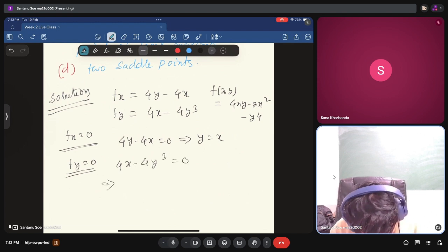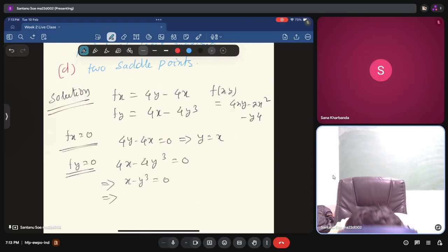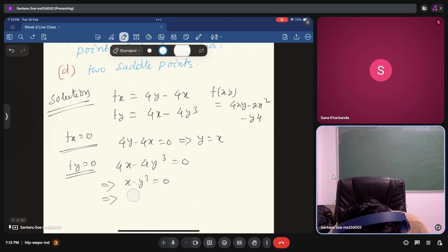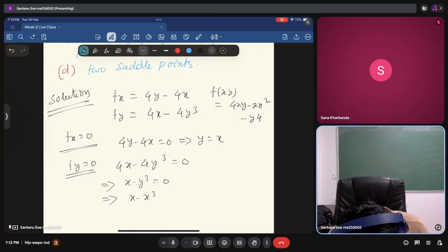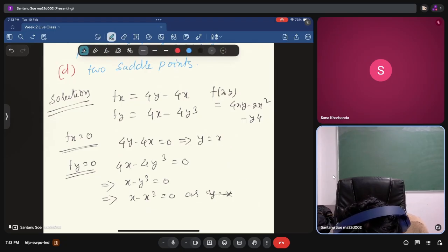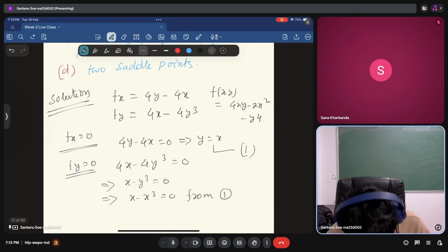So this will imply x minus y cubed is 0. Let us call it 1. From 1, this will imply x minus x cubed is 0, as y equals x.